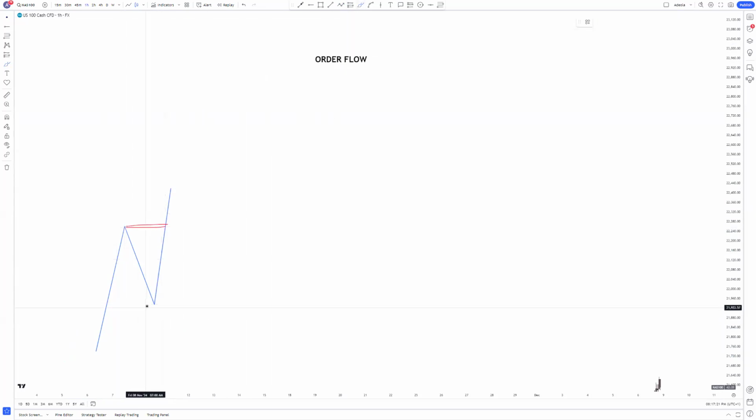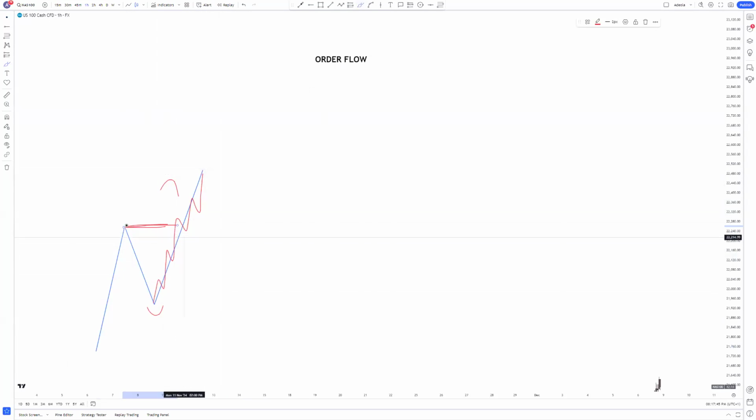Now, for price to move from this to this, there is other price action inside of it. We are going to move like this, right?